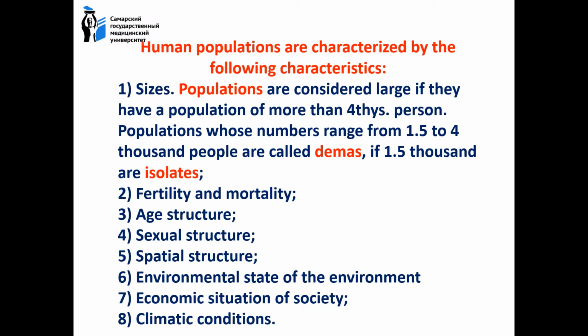And the next one, the environmental state of the environment, nature and anthropogenic influence. Economic situation of society. And the next one, climatic conditions, the natural environment during a certain period of the population's existence.